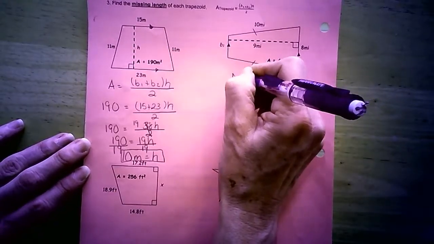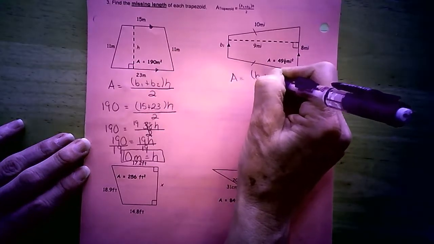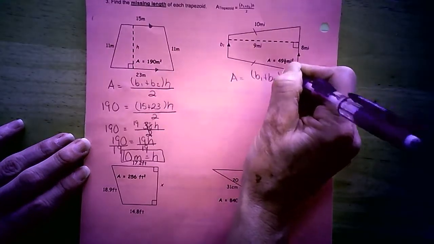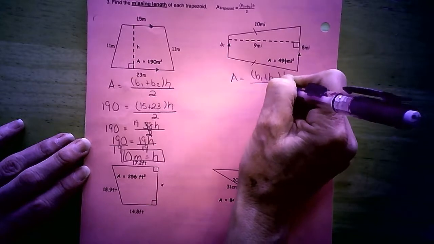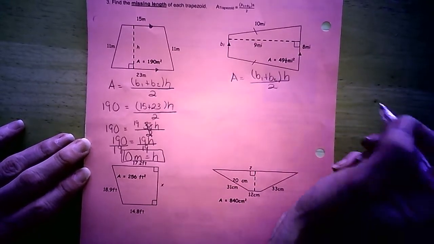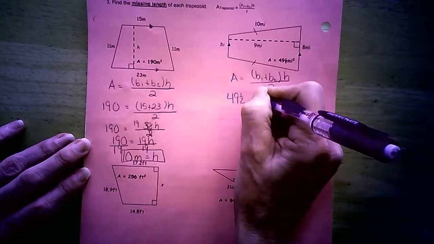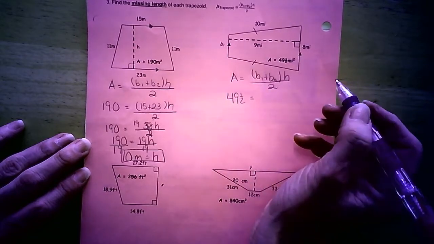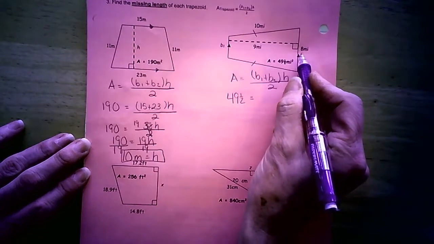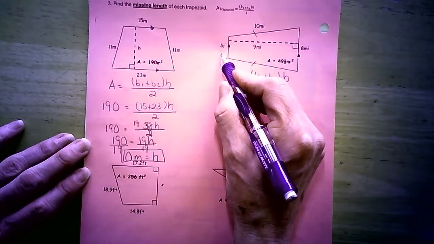Area equals base 1 plus base 2 times the height divided by 2. I'm going to plug in 49 1/2 for the area. The bases, I know one base is 8, but I don't know the second base.